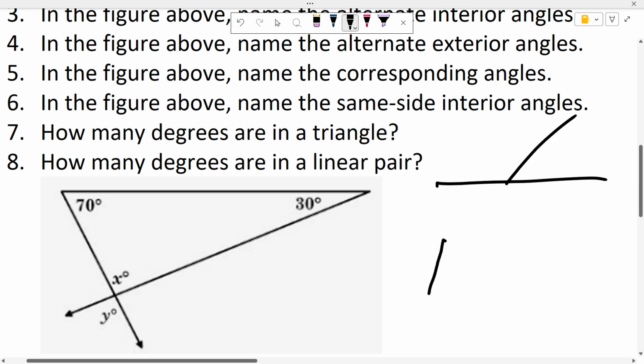Okay, what's the missing angle for x there? Elliot. 80, because there's 80 degrees left for x. What about y? How many degrees are in y, Lisby? 80 because they're vertical angles.